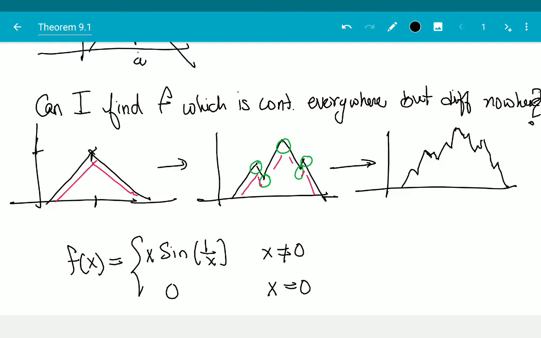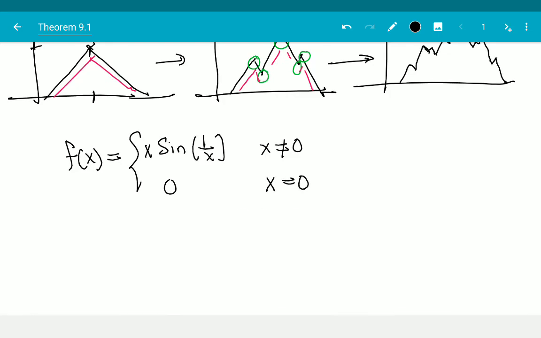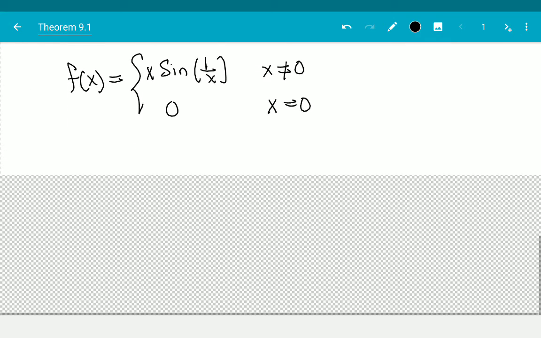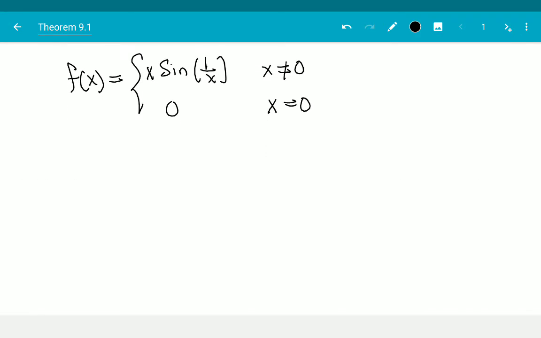We have seen that this function oscillates a lot, but we have no idea about its derivative, and this function is going to be continuous everywhere else other than 0. At 0, we have a problem. We don't know if it's differentiable or not. We know that it's continuous because we did it before. So we will explore such functions later. The function that I mentioned up here is going to be accessible only after chapter 24. But till then, let us first look at this function.